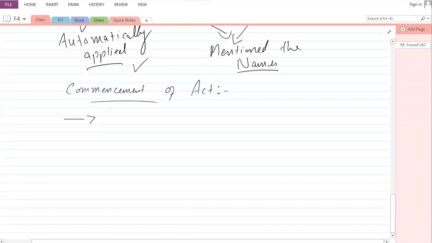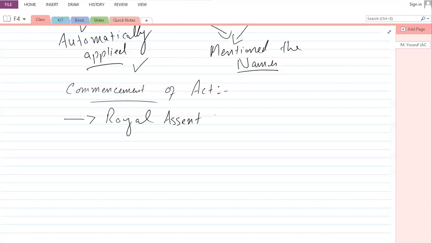The most simple point is that with royal assent, the commencement starts, because that bill is approved and now converted into an act, applicable across the country. Royal assent is provided by the Queen, and then that act is enforced in that specific area. This is the normal rule, but there are some exceptions.